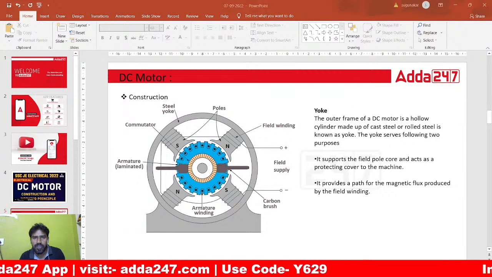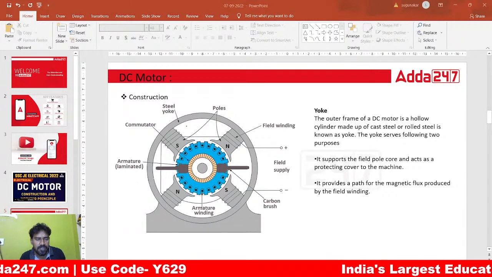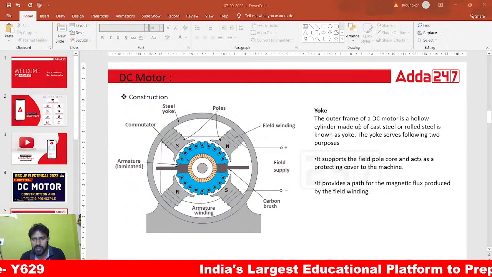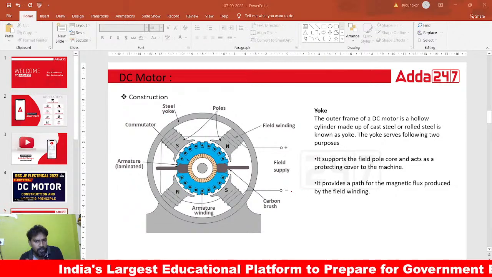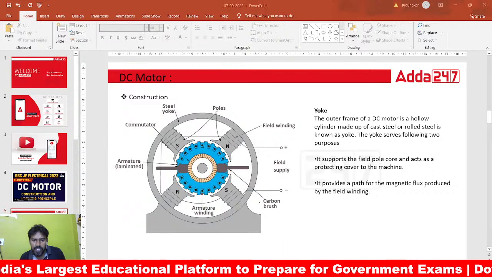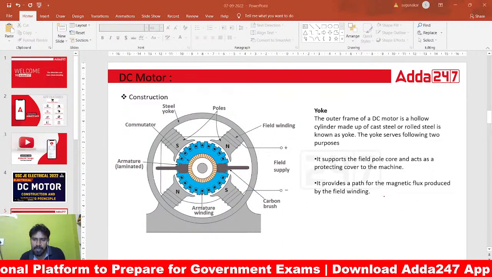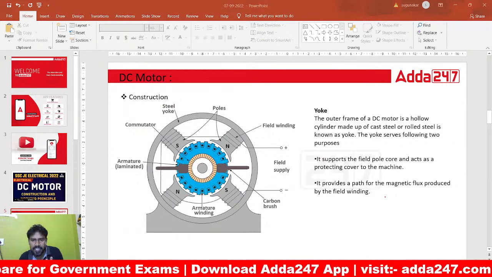The field is stationary, so the field coil is accommodated on the magnetic poles. The pole has pole cores and pole shoes. The core is made up of sheet steel. The core is laminated in thin sheets to reduce the eddy current losses.